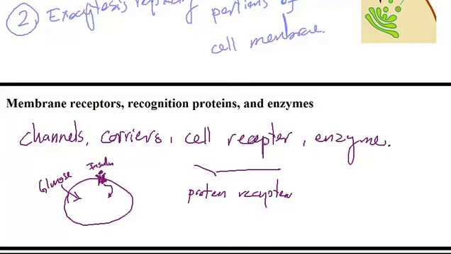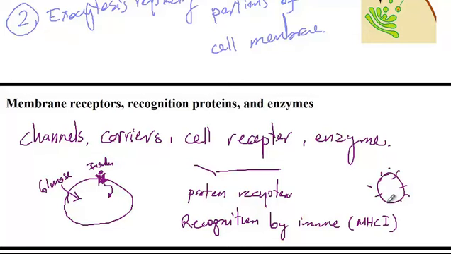And then the other function of cell receptors is that they could act for recognition by immune cells, and we've already discussed this, how we have MHC1 molecules on the surface of our cells so that the immune cells will not attack our own cells.